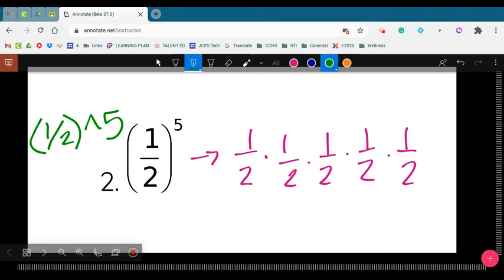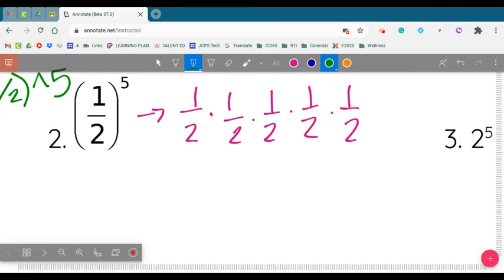And it'll give you the same answer. So your answer would be 1 over 32.